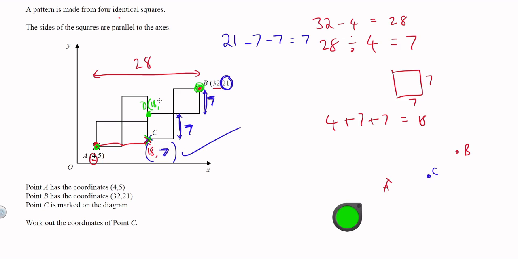To get this value here, we take the 21 and then subtract the 7. So 21 take away 7 gives me 14. So this one's going to be 14.